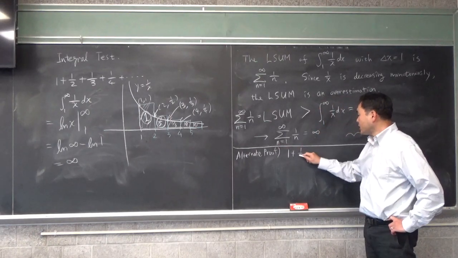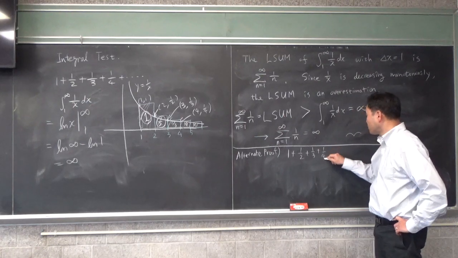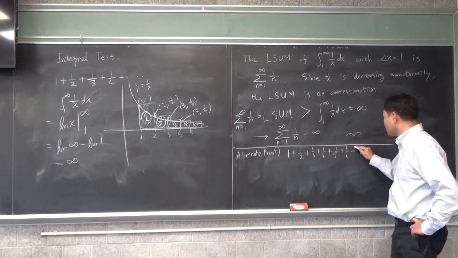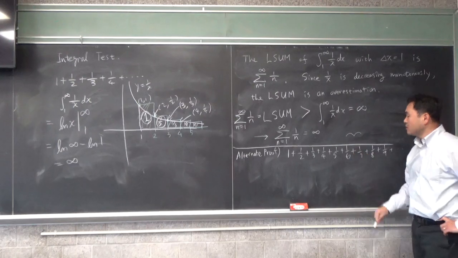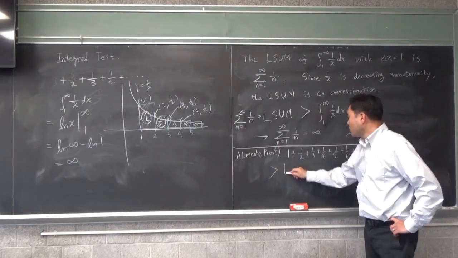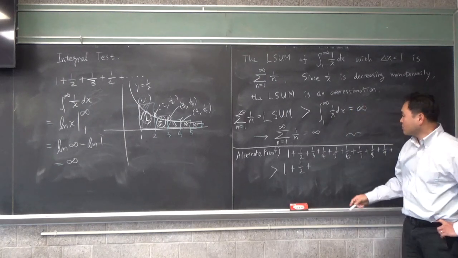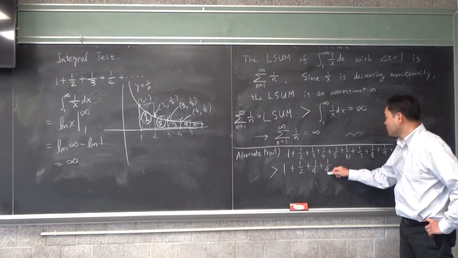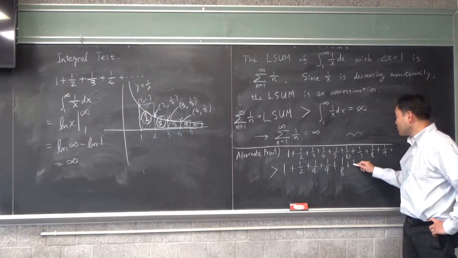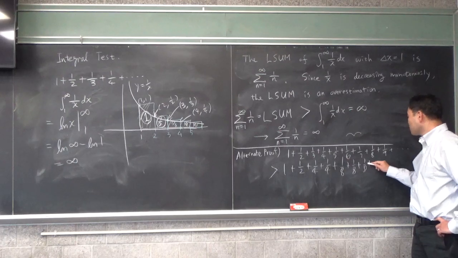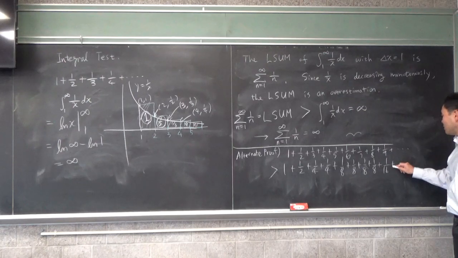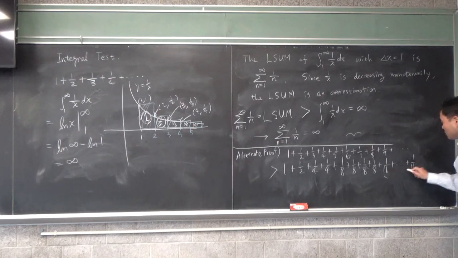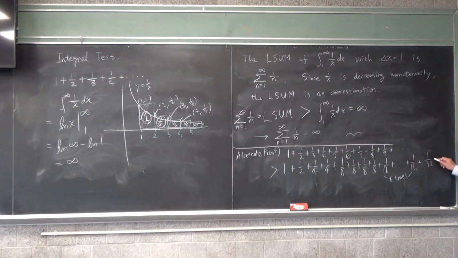If you have 1 plus 1/2 plus 1/3 plus 1/4 plus 1/5 plus 1/6 plus 1/7 plus 1/8 plus 1/9 plus and so on, this is bigger than 1 plus 1/2 plus 1/4 plus 1/4 plus 1/8 plus 1/8 plus 1/8 plus 1/8 plus 1/16, and this is repeated 8 times, plus 1/32, and so on and so on.